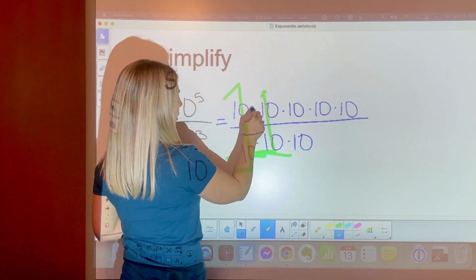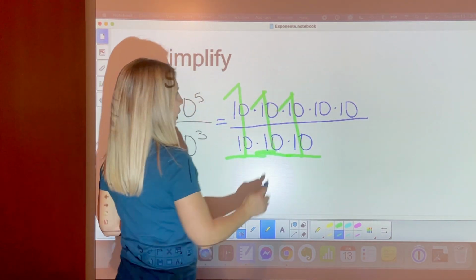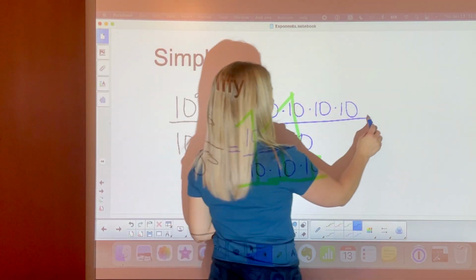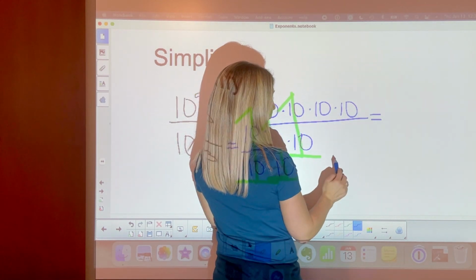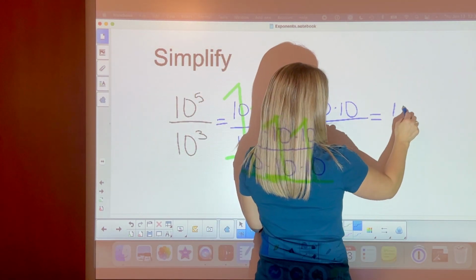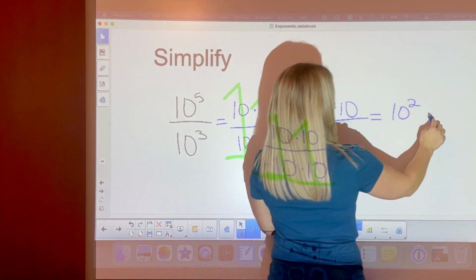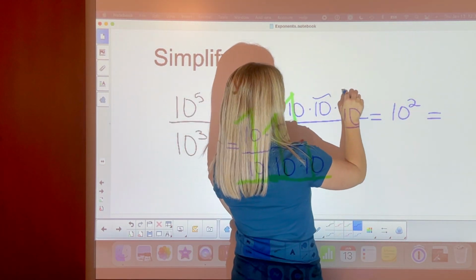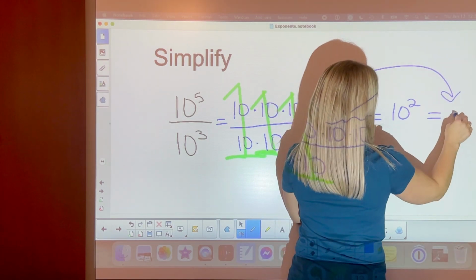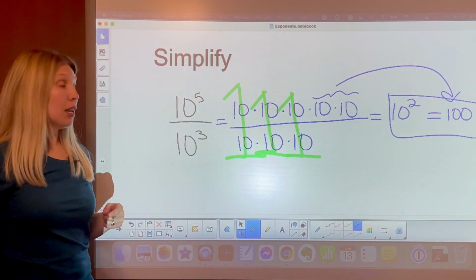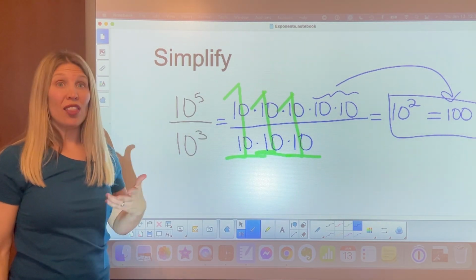So we can go ahead and simplify 3 groups of 10. Now we have 10 times 10 left, which you can either say is 10 squared, right? Because 10 two times, or you can multiply 10 times 10, right? And that gives you 100. Either one of these is acceptable and the right answer, and they're the same, right?